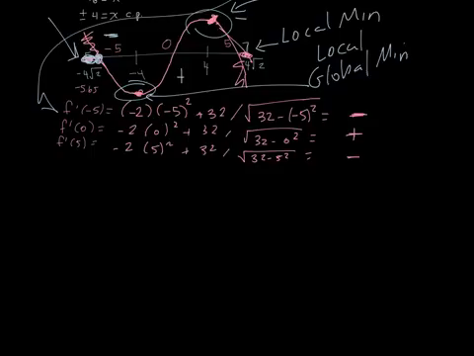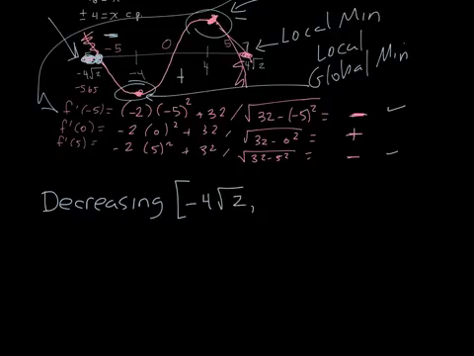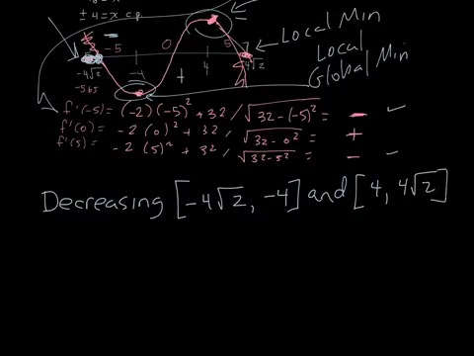The first thing I want to write out is where is it decreasing? Well, from this stuff right here, that's where it's decreasing. So this function is decreasing on the interval -4 square roots of 2 up to that critical point, which is -4, and then from the next critical point, which is 4, to that other endpoint.